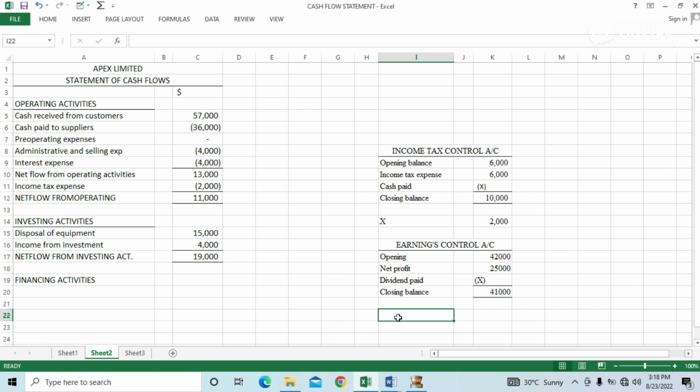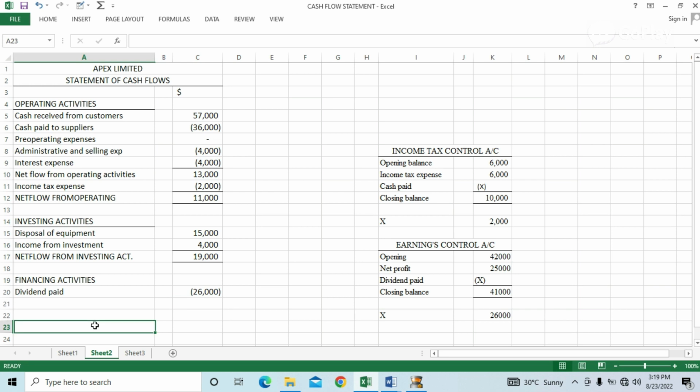And by my calculator, the dividend that was paid was 26,000. So the dividend paid was 26,000. So we have dividend paid. The dividend paid was minus 26,000.